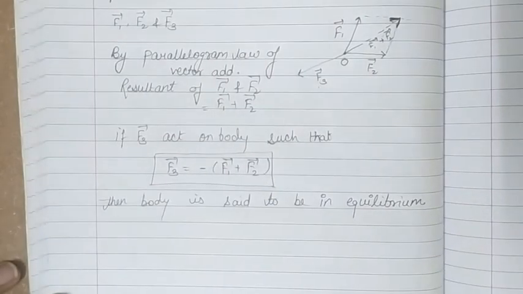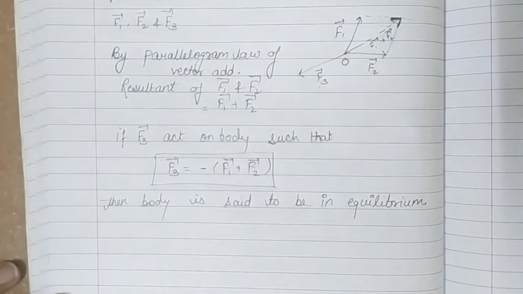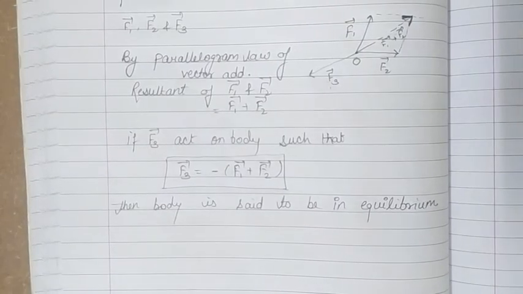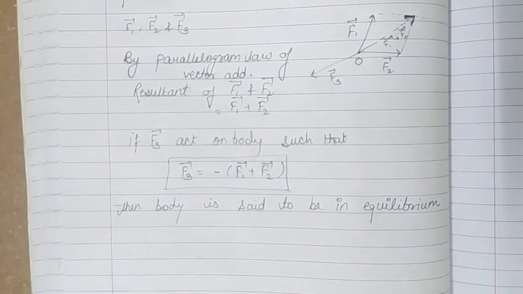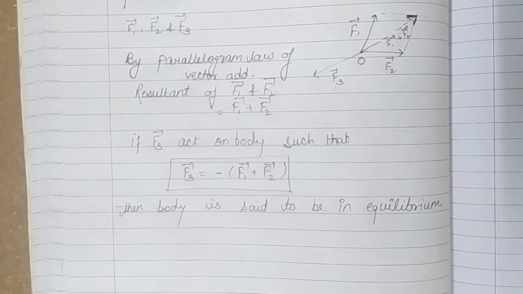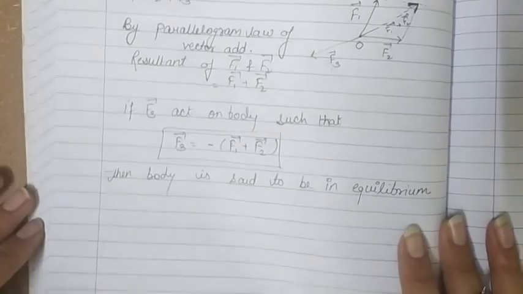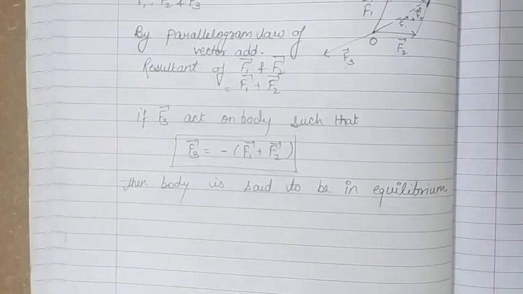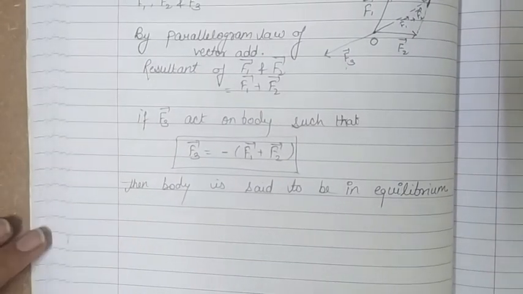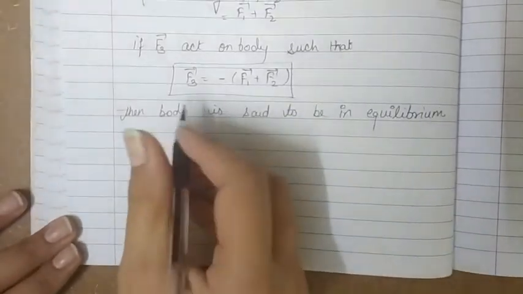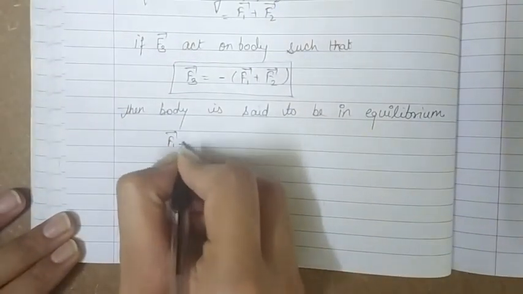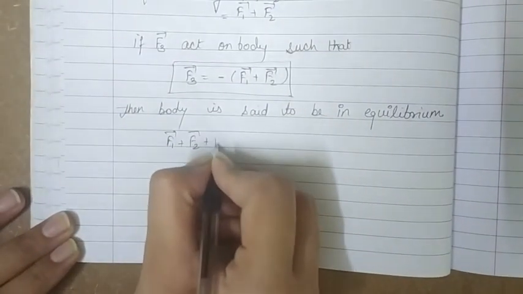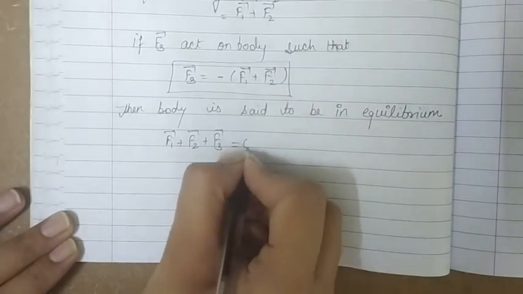There are forces, but their net unbalanced force is zero. This is called equilibrium of concurrent forces. We can also write it as F1 vector plus F2 vector plus F3 vector is equal to 0 vector.